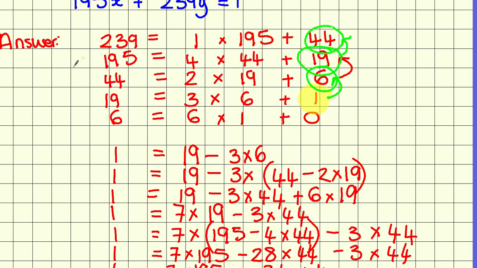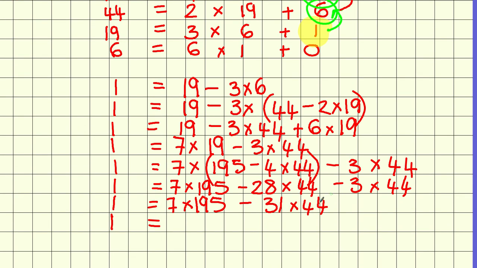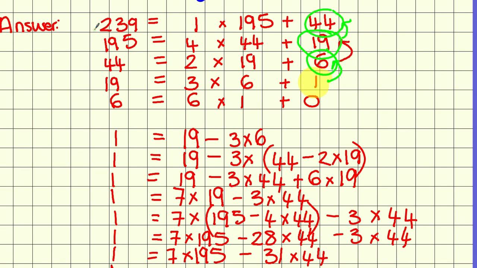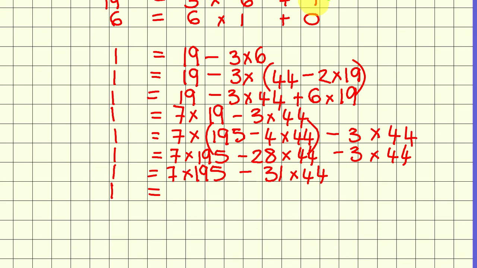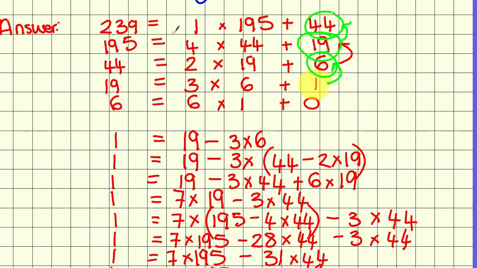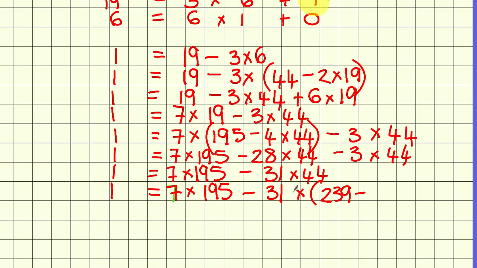All the numbers are different, so I'm going to move up to the final remainder, which is 44. So wherever I see a 44, I'm going to change that for 239, take away 1 times 195. So it's 239, take away 1 times 195.